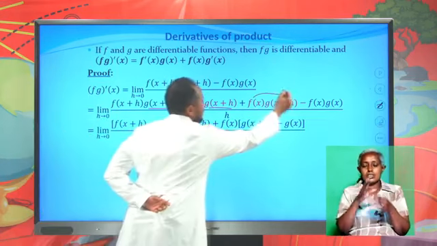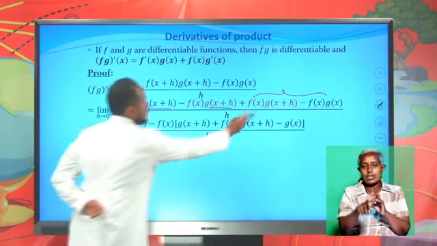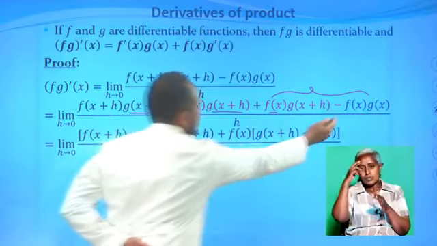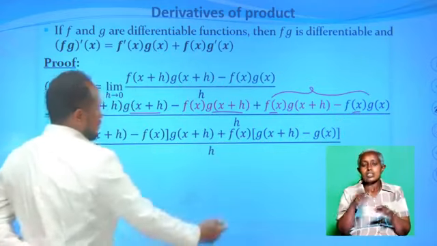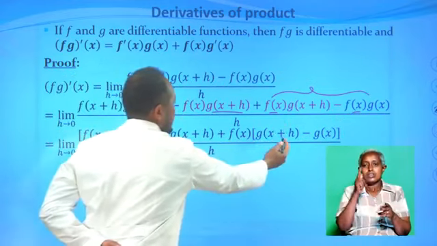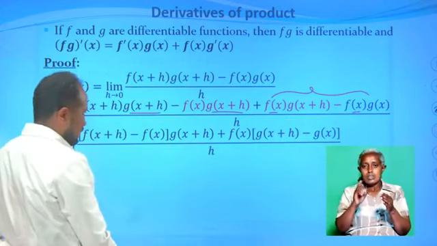And from this part, let's factor f of x. When you factor f of x, because we have f of x here and there, the remaining part will be g of x plus h minus g of x over h.